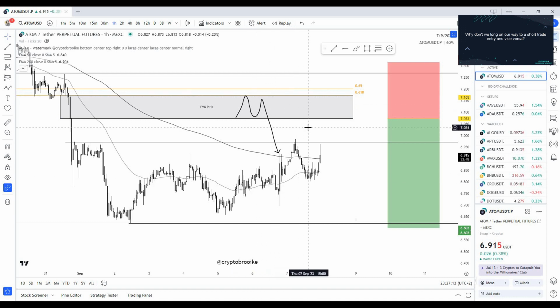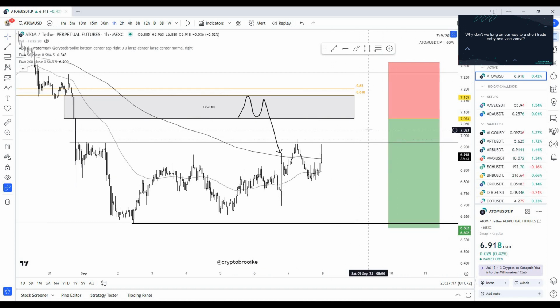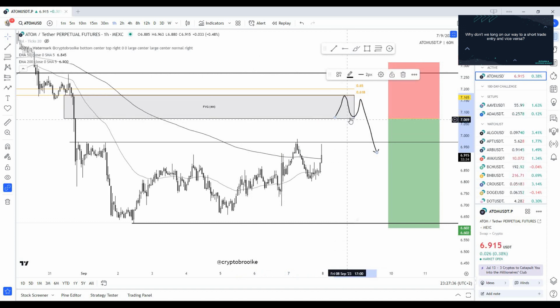So if price moves to, in this case, the 707, where we have our trade bid, our first bid, and the 716, which is the golden pocket and the top of the 4 hour fair value gap, I do want to see a reversal here, like I drew here. So I think at first we will see a reaction here, but maybe if the market's that strong at that moment, it will just go through.